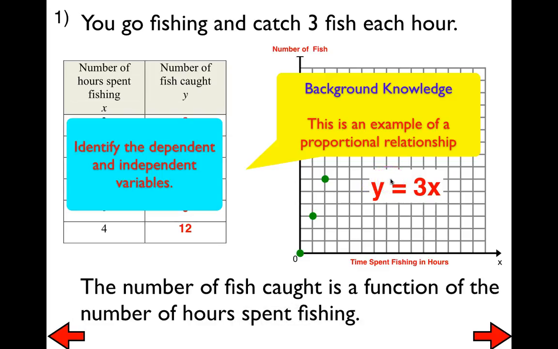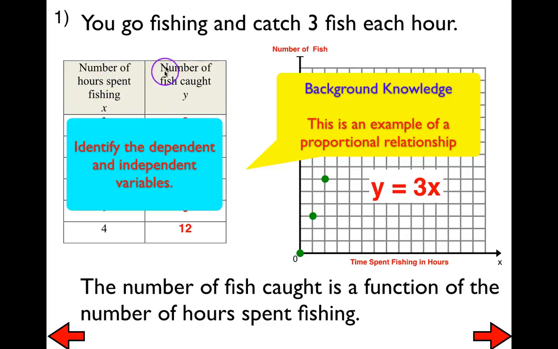Now let's talk about which variables are the dependent variables and which ones are the independent variables. So notice here, we have the number of hours spent fishing and the number of fish caught. Which one depends on the other? Well, I would say the number of fish is determined by how long you fish. So guess what?